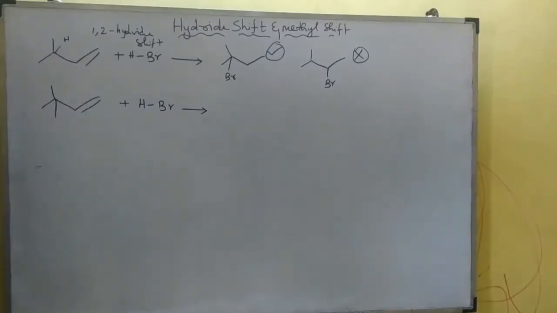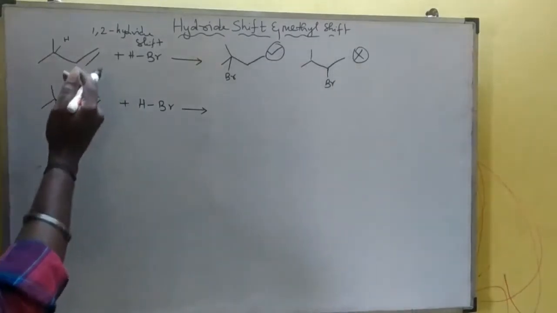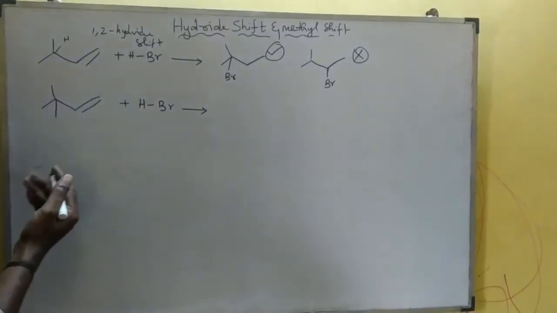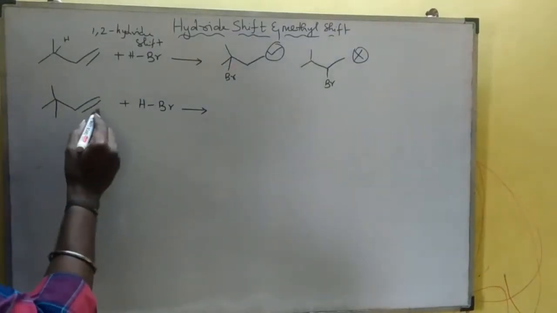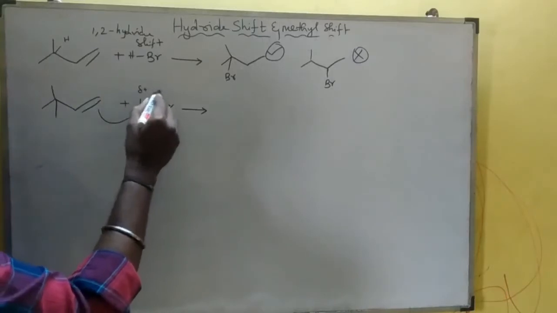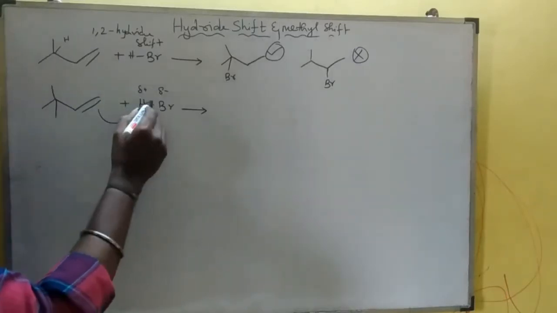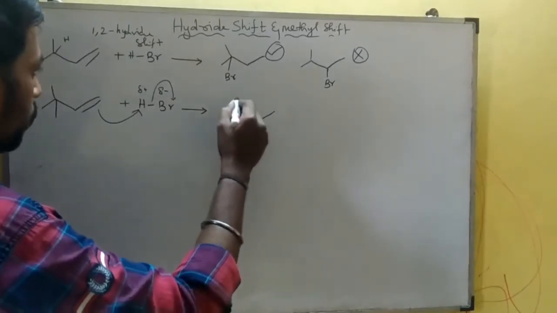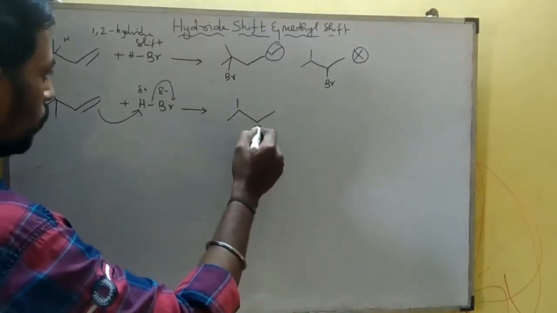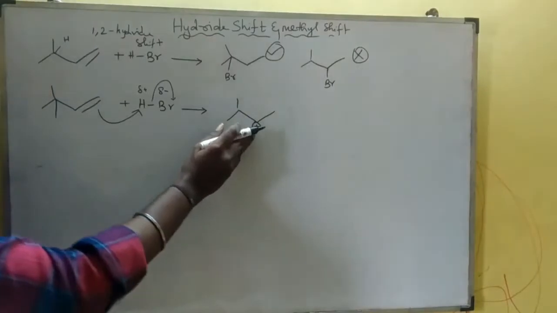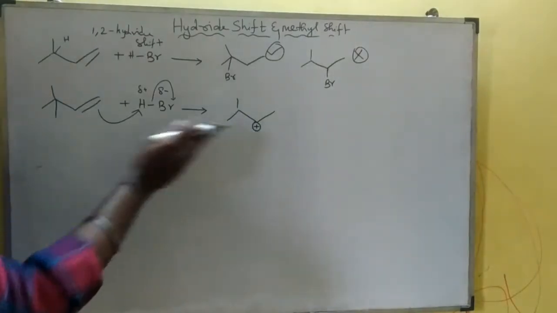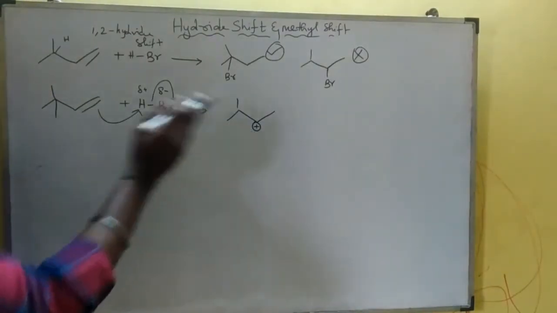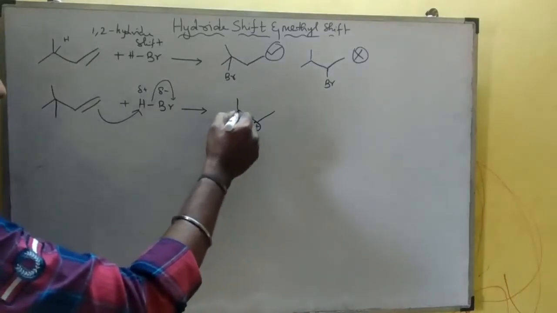Now let us see another example which is similar to this, and which shift happens here. First, the partial positive and partial negative attach, and it goes like this. So we have a carbocation. Straight away I write the stable one, a secondary carbocation, and here I have 2 carbons.